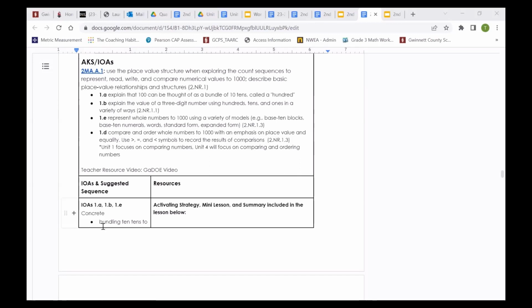This includes the concrete representational abstract progression and the progression between specific learning targets within the IOAs. You will also see suggested manipulatives in this column. The right column provides resources to guide instruction, such as GCPS traditional lessons, task-based lessons, and resources from the Georgia DOE.